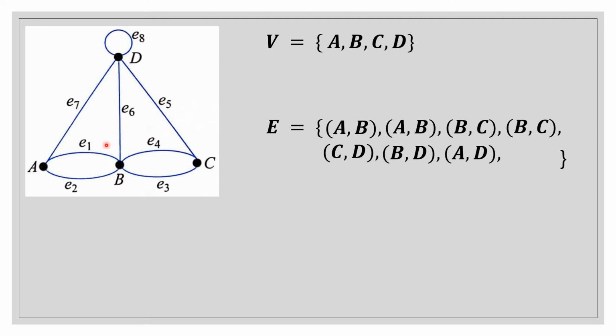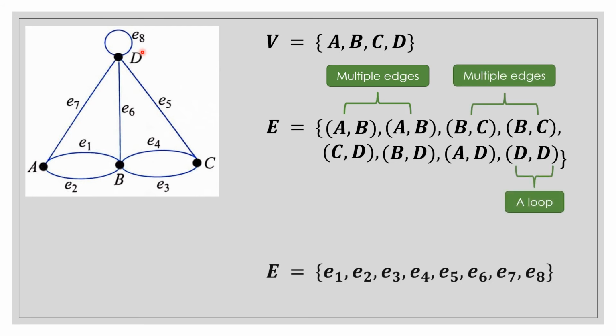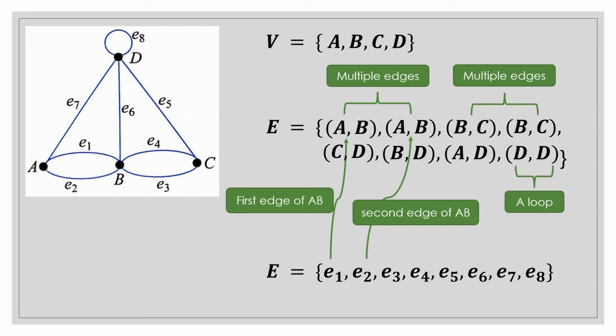E7 links vertex A and D. Then E8, the last edge, you write DD because it's a loop and it starts and ends at the same vertex. So you got multiple edges AB and multiple edges BC, and you have a loop at D. So another way to write the edges is E1 until E8, the first edge, the second edge, and so on.